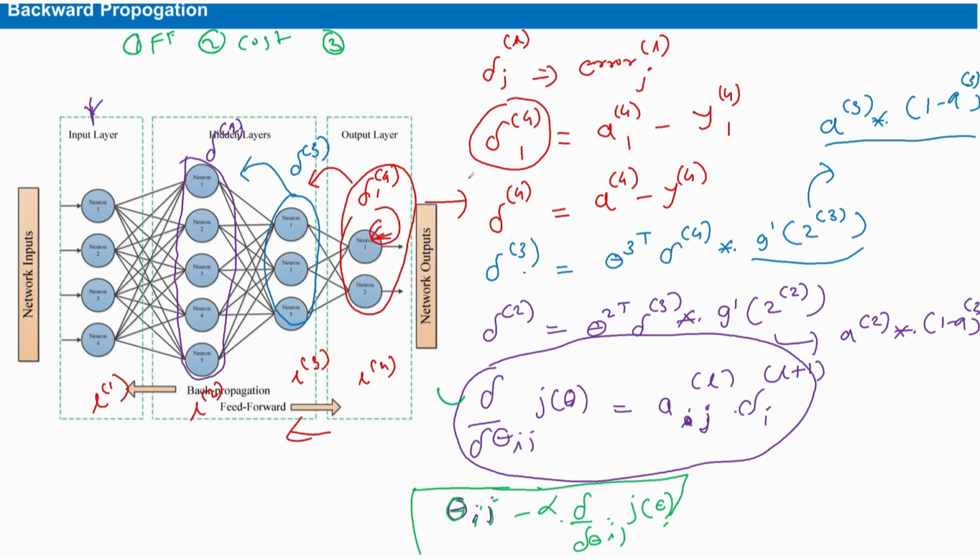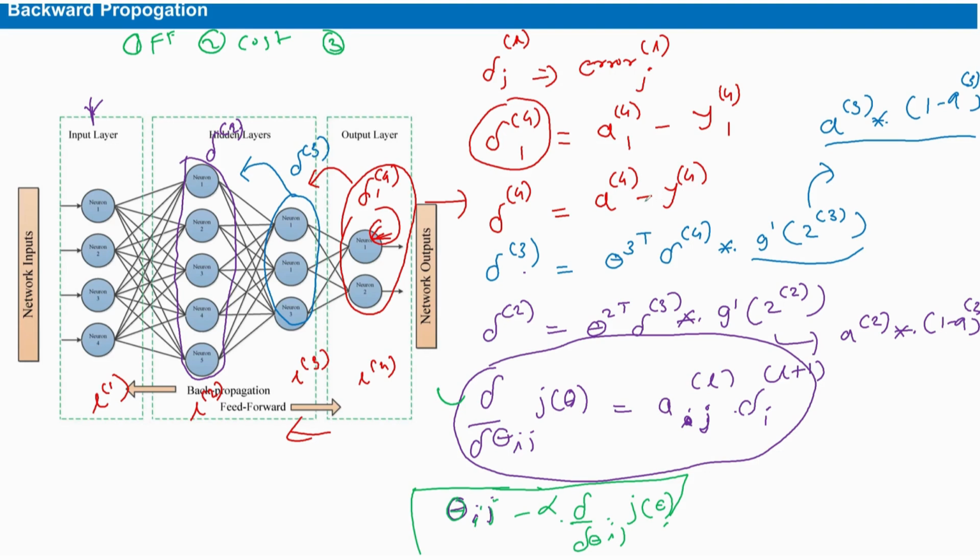The deltas are nothing but the error with respect to that particular layer. Inside the last layer, you find delta L as the activation of the last layer minus the ground truth for that layer.